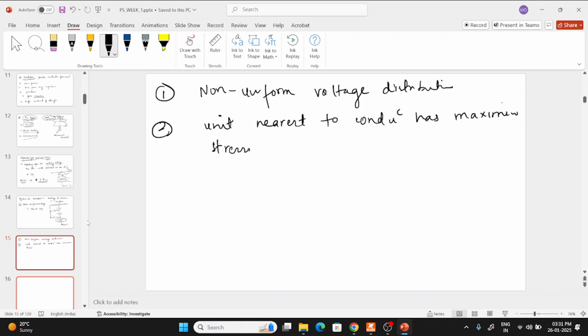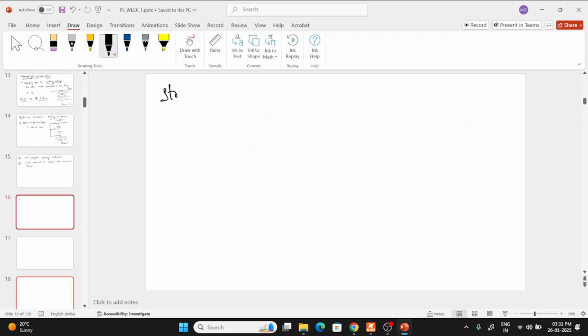Now, there is a term in this which is known as string efficiency. You must have heard about this. It is string efficiency.